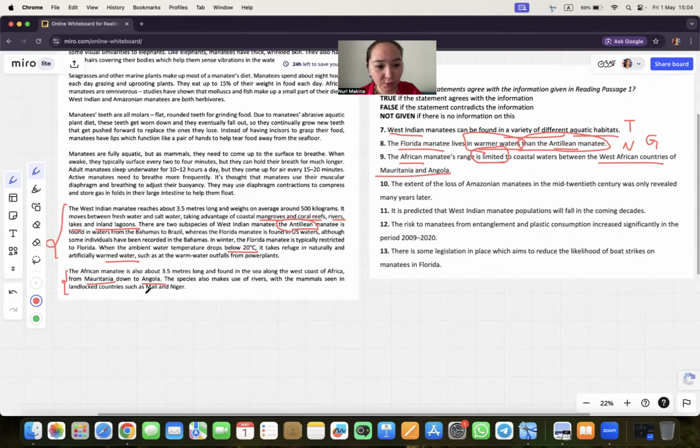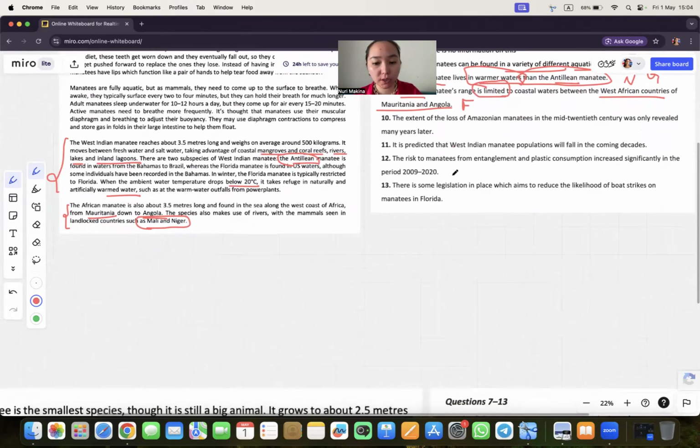But, as you can see, we have Mali and Niger, such as, can you see? So, yes, it's not limited. So it's false, as you can see here, because they live in Mali and Niger, not only in Mauritania and Angola or the West African countries, not limited. So the answer is false, okay?